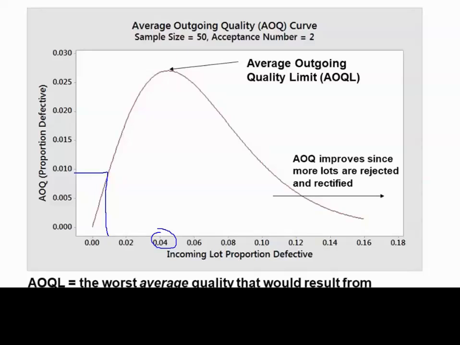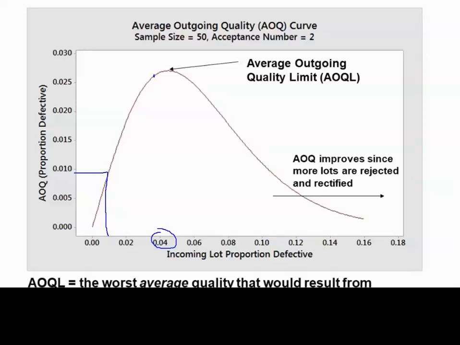So we'd rectify them. So actually, the outgoing quality level is much, much better than 4%. It's around 2.5%. Okay, 2.5% reflects defects that got through on lots that we accepted, that presumably had some defects in them.